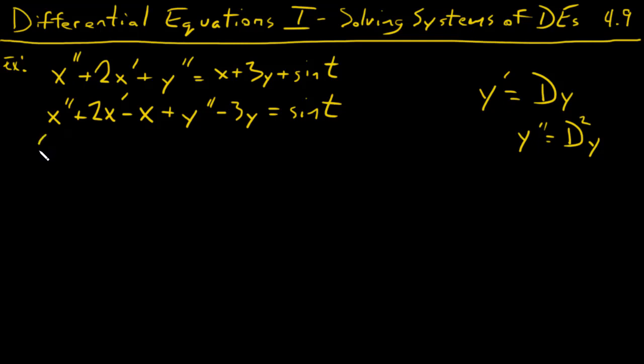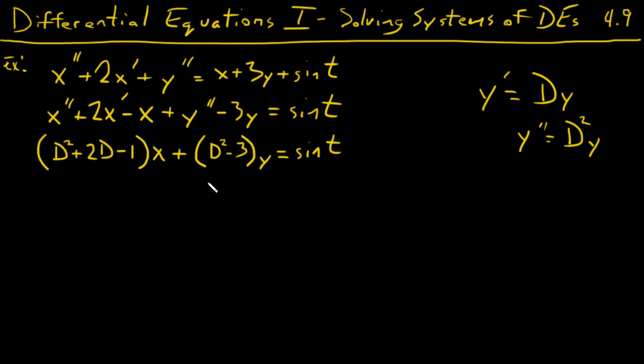So I'm going to have D squared plus 2D minus 1 applied to x, plus D squared minus 3 applied to y, equals sine t.